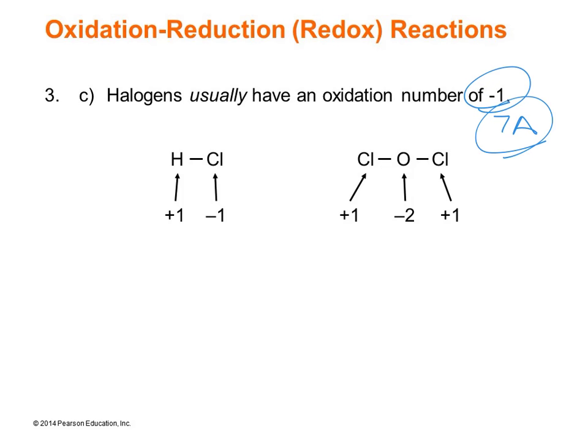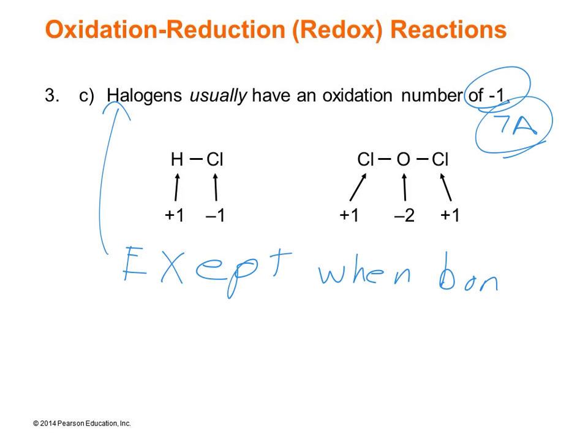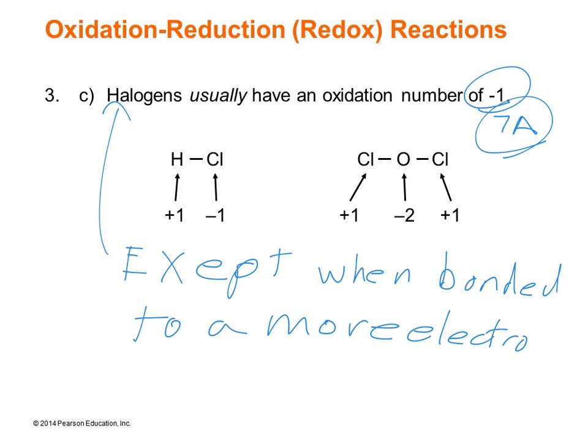The exceptions: halogens usually have an oxidation number of -1, except when they're bonded to a more electronegative element.